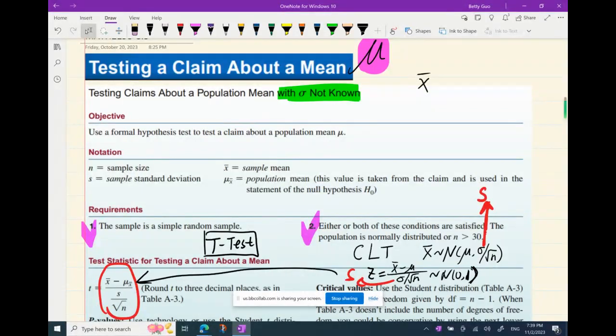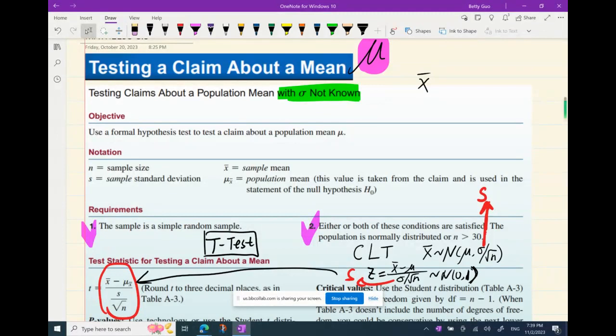We had two methods, right? In this section it is the same thing. When we test for mu, we also have those two types of methods, and those two methods are equivalent. In a sense, they always give you the same result for the same sample. They would both tell you whether you are going to reject null or fail to reject null.